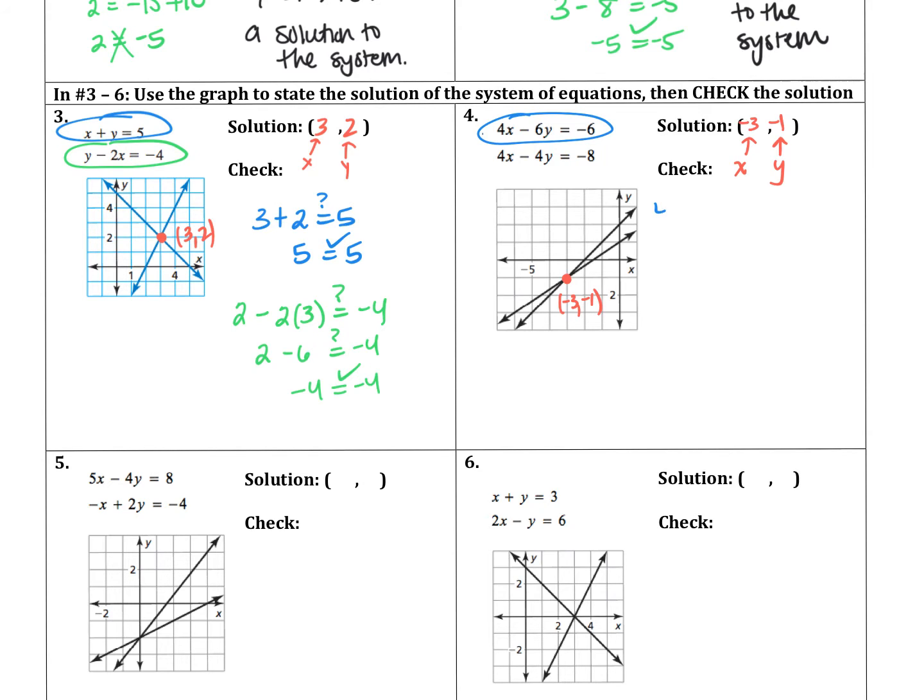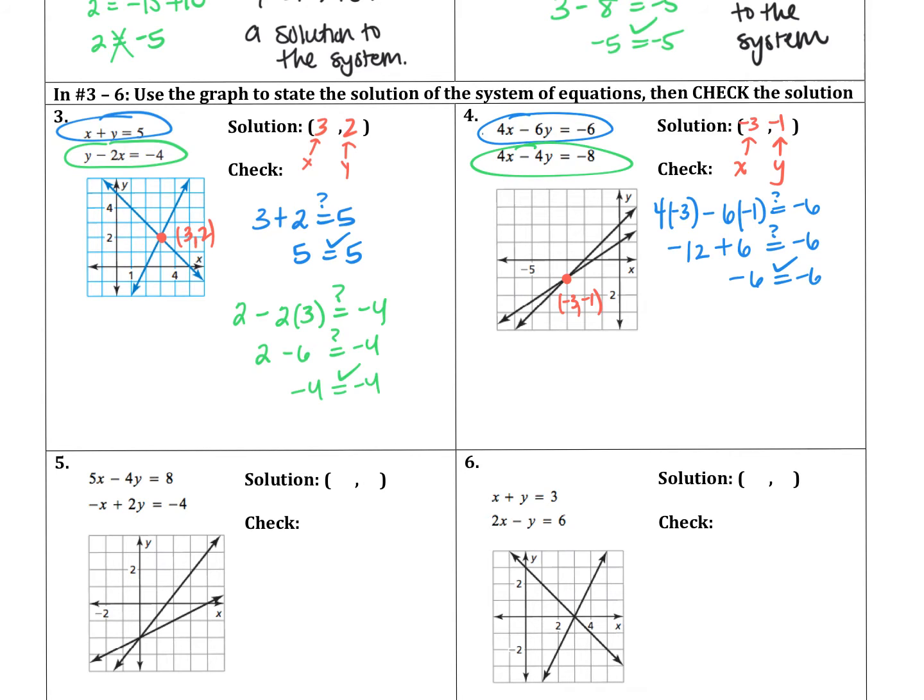Top equation is 4 times x, x is -3, minus 6 times y, y is -1, equals -6. 4 times -3 is -12, and a -6 times a -1 is a +6, equals -6. Negative 6 does equal negative 6. So I verify that is a solution.